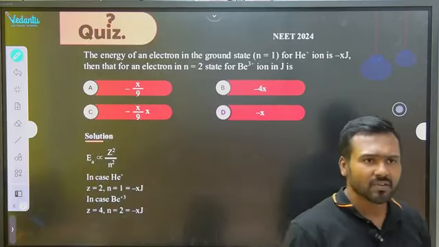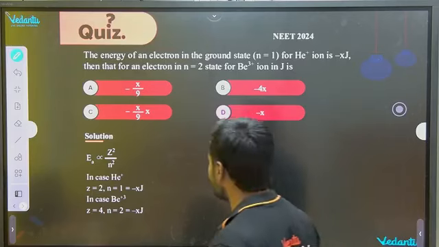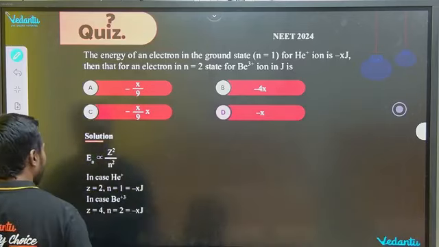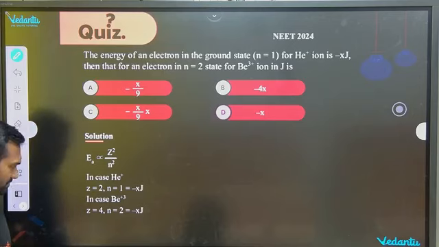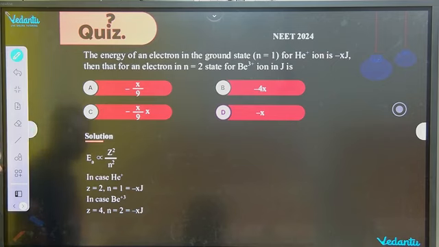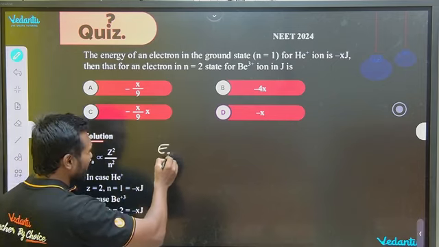Since it is a comparison, no need to do all those things, directly you can compare here. Anyway, if you do the calculation also you will get the same thing.